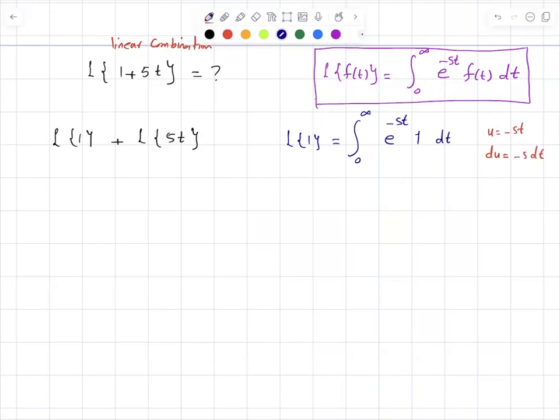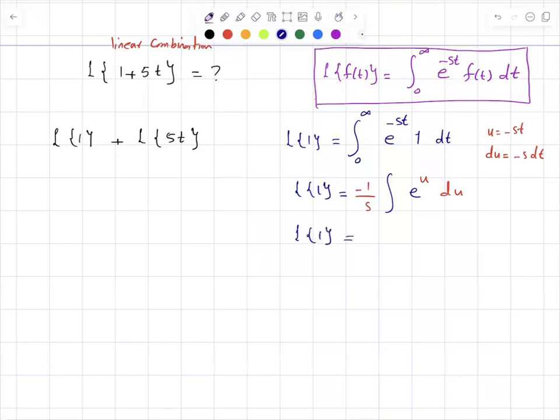So the Laplace of 1 is equal to negative 1 over s times the integral from 0 to infinity, which you can change using u sub. You can do this right now or apply it later, e to the power u du.